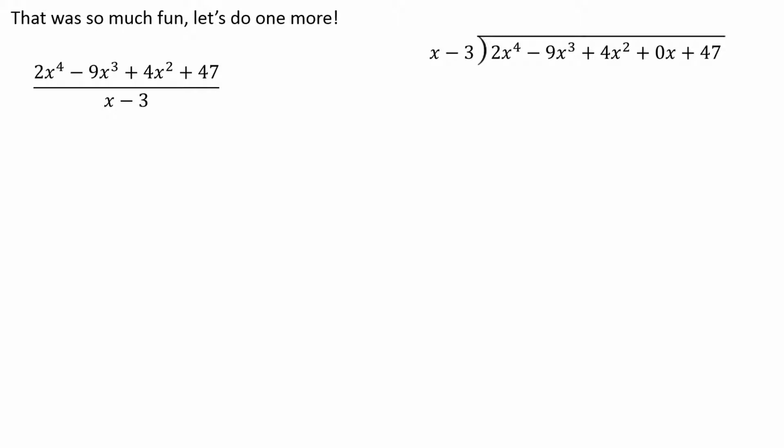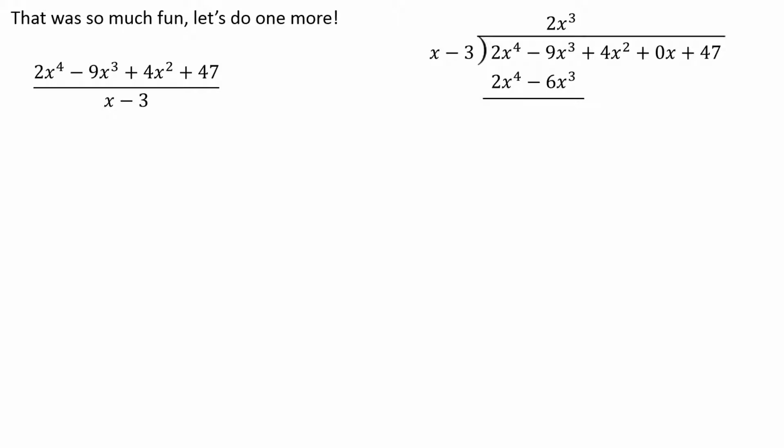Okay, let's get the whole family going. Pizza and his whole family. Right? Divide x times 2x to the 3rd will give me the 2x to the 4th. But when I multiply, I also have to do negative 3 times 2x to the 3rd. When I subtract, of course, 2 subtract 2 is 0.